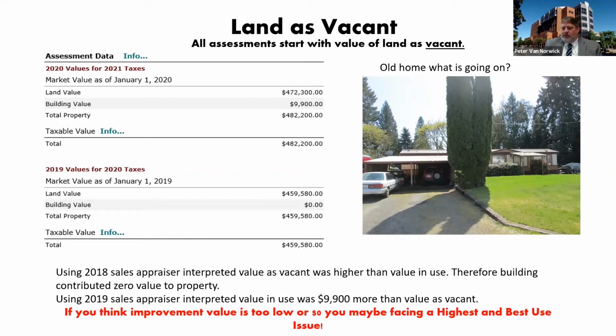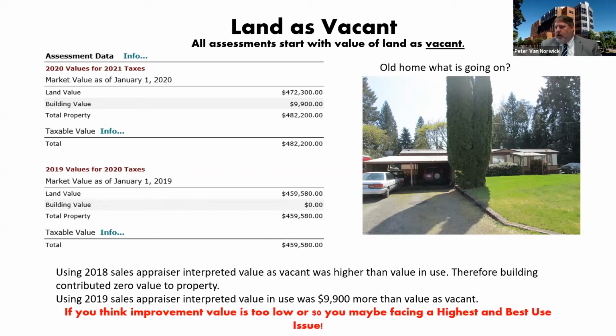When our appraiser looked at that property, they figured that maybe that mobile home would only sell for $450 thousand as not developable land, but as developable land it would sell for $459,000. Therefore, that building is contributing 0 to it, and since we had to do it in equity, we put 0 value on the building.